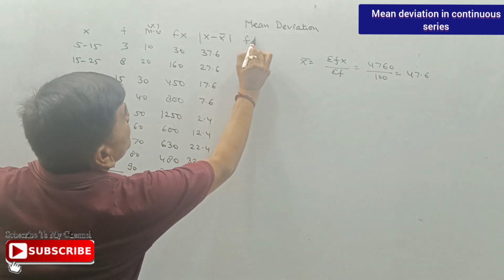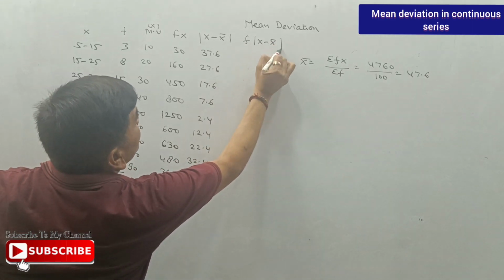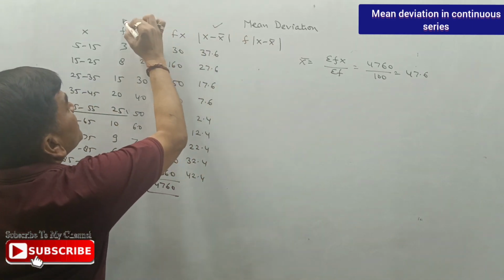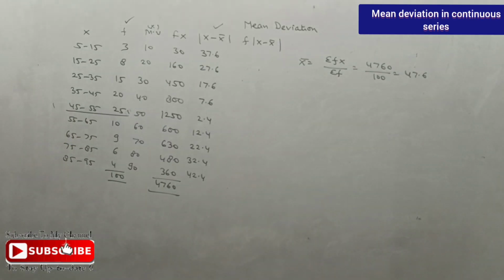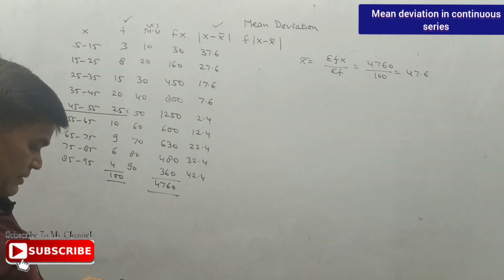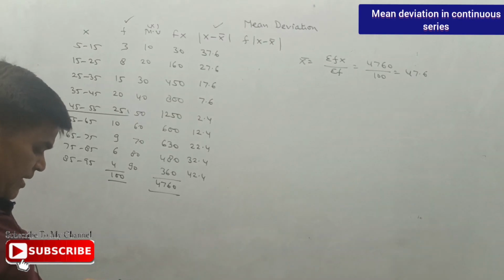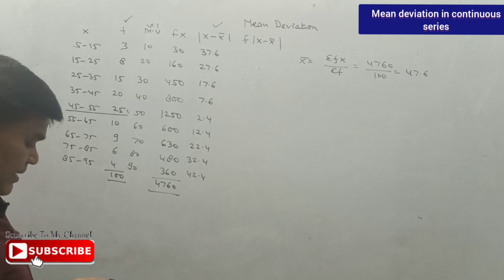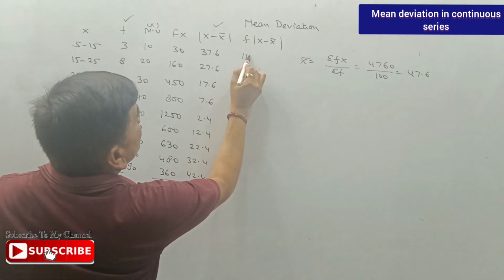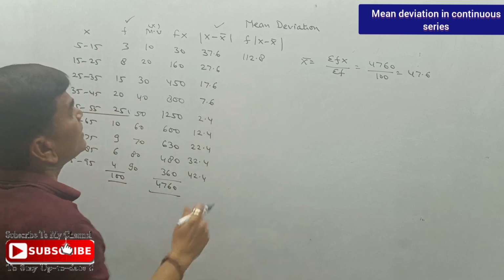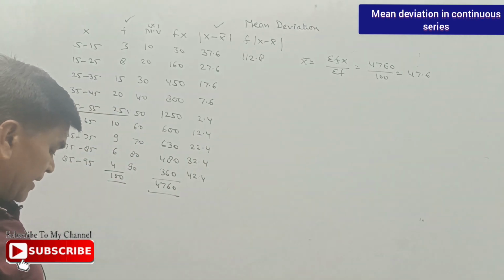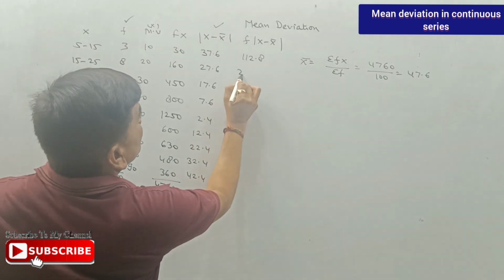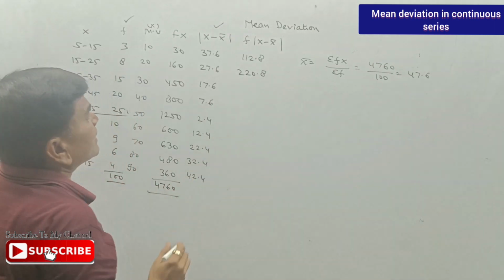Next, f times |x - x bar|. It means we have to multiply these two columns. The very first, 37.6 multiplied by 3 is 112.8. Next, 27.6 multiplied by 8 is 220.8.